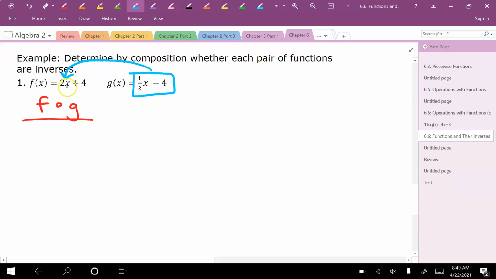So f says 2x plus 4. So you're going to bring down the 2, and instead of x, you're going to plug in g's function. So I'm going to put that in parentheses. So it says 1/2 x minus 4. Now f also has plus 4 in its function, so I need to make sure I include that plus 4.